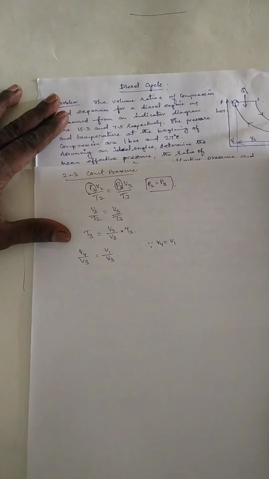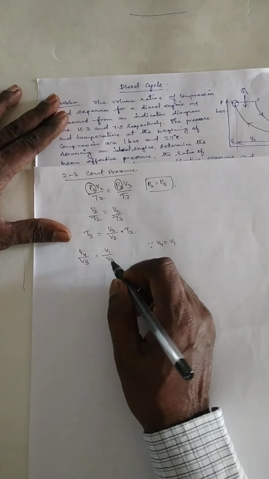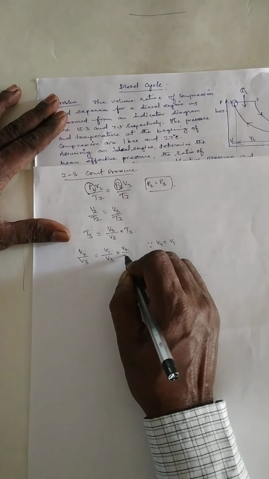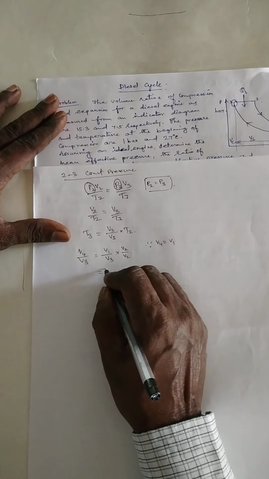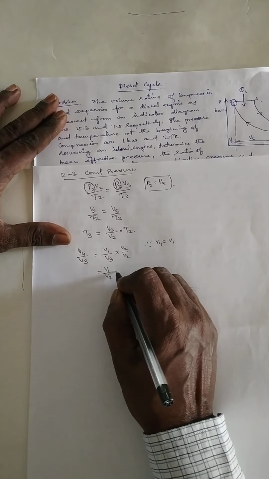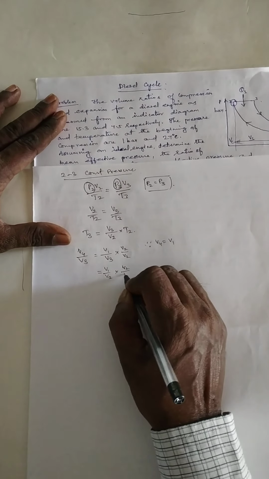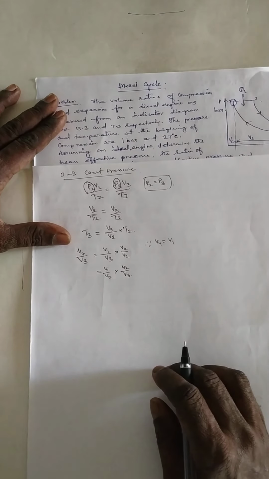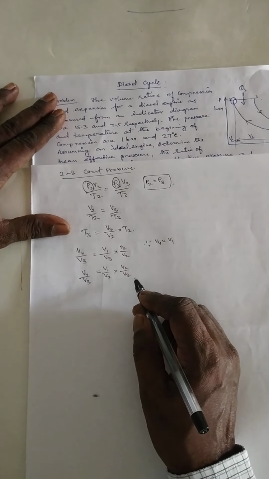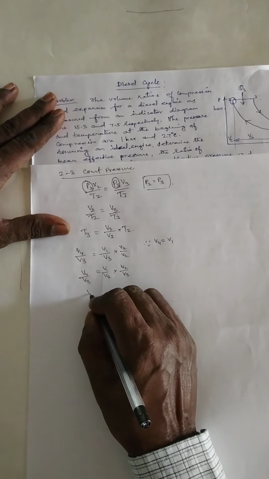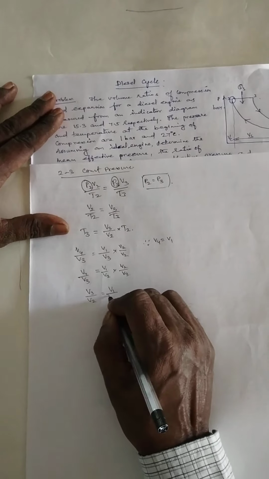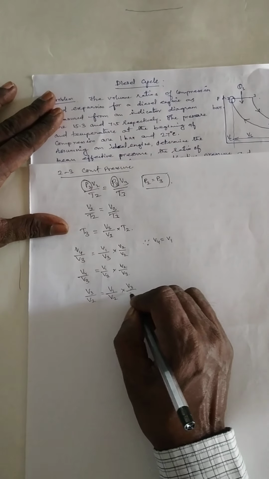If you multiply by V2 in the numerator and denominator, this can be rewritten as V1 by V2 into V2 by V3. So V4 by V3 can be written like this. Now this can be written as V3 by V2 is equal to V1 by V2 into V3 by V4.